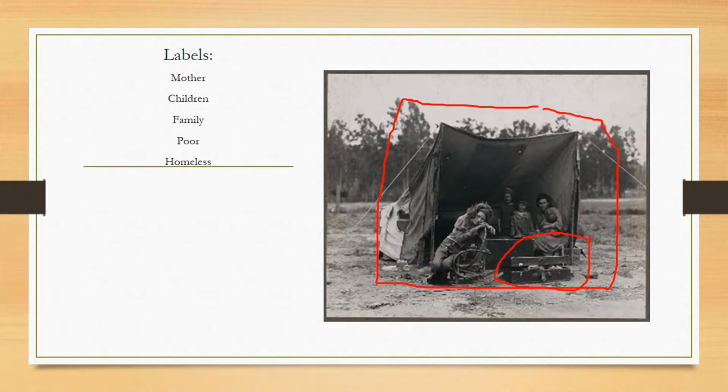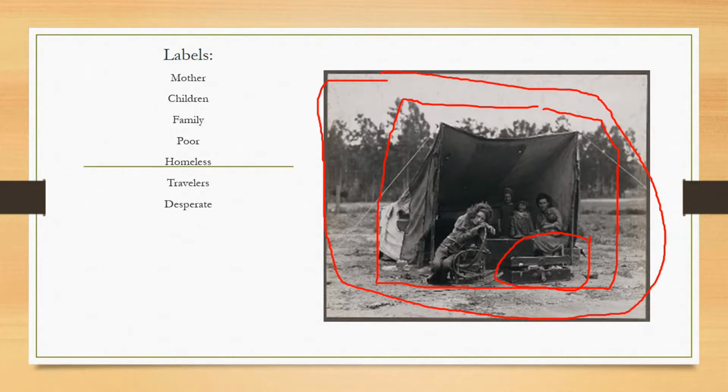And since this is their shelter, I would label them as possibly homeless. Judging by the trunk in the front, it looks as if they are travelers. And then I look around at what's behind them here, and I think they must be in a pretty desperate situation. So that is how I would label this photo.